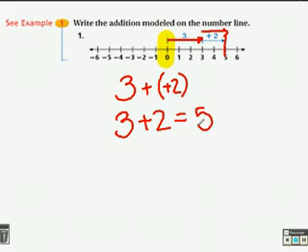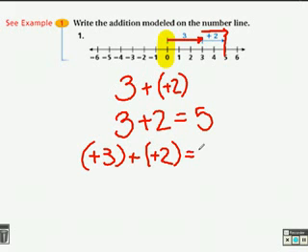At the 5. I know you guys know that 3 plus 2 is 5. It's okay. But to go with the rule, we have a positive 3 plus a positive 2. We have the same sign. So you add and give it the sign that it is. So a positive 3 plus a positive 2 equals a positive 5 because these were both positive. Okay? All right.